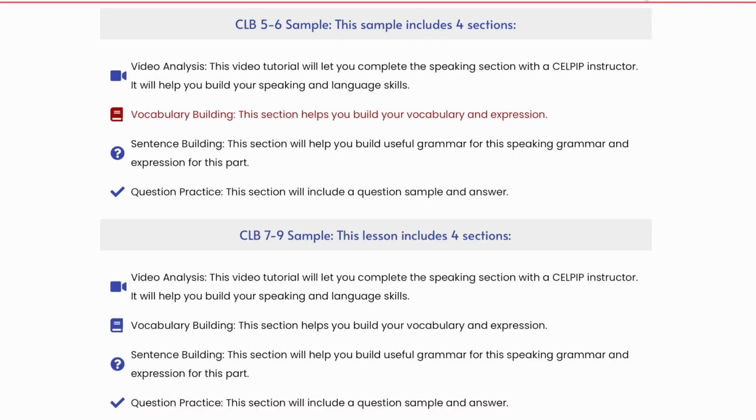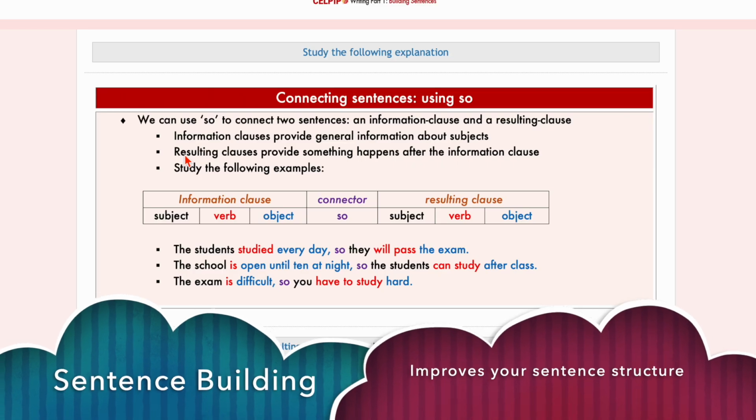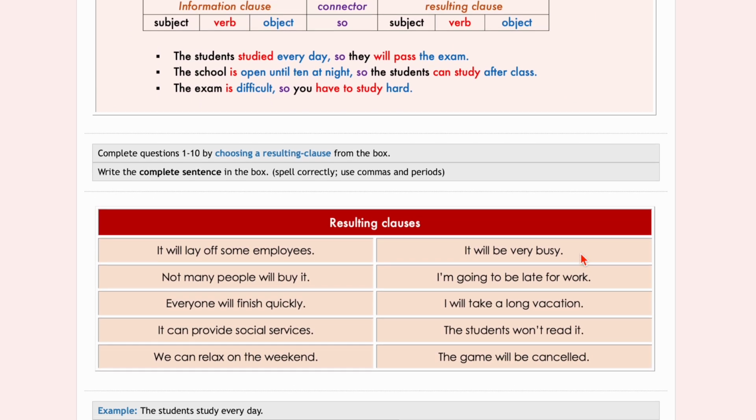Okay? And then we have some sentence building. The sentence building exercises are really great. It teaches you how to construct stronger sentences, okay, or 2-clause sentence. We have here today using so. We have information clause, the connector, the resulting clause. Very good information about connecting sentences.